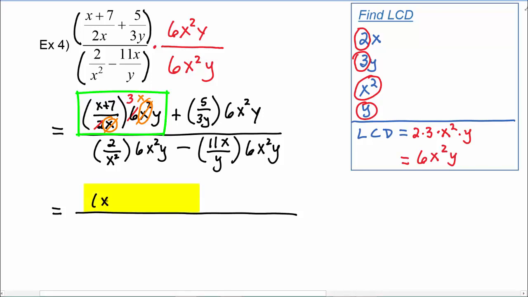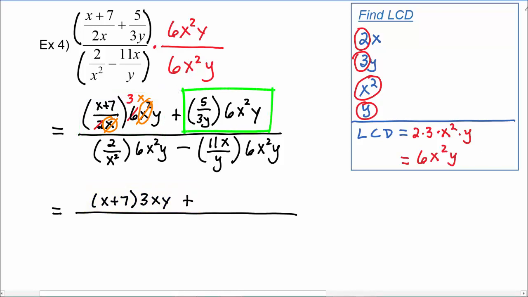So we'll actually be doing x plus 7 times 3xy. In this second multiplication, 3 goes into 6 twice, and y cancels the y, so we will be taking the 5 times 2x squared.